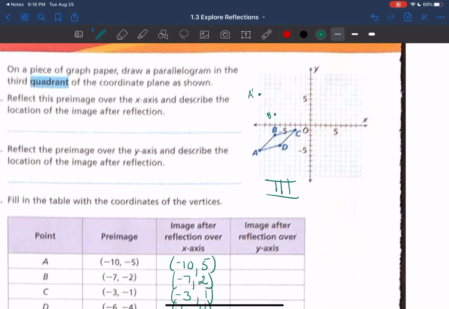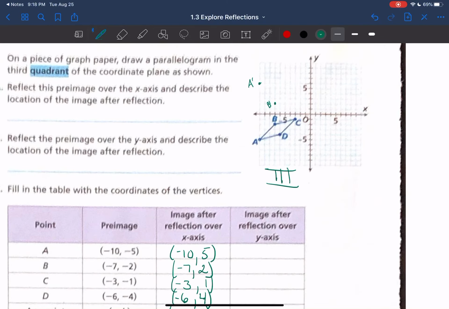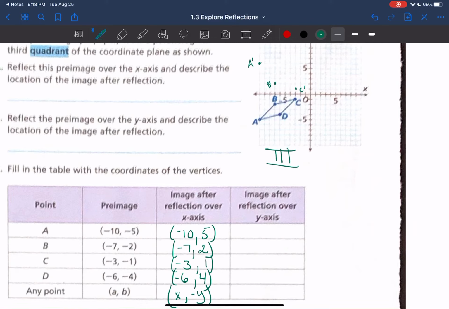C prime is going to be at -3, 1. D prime is at -6, 4, which is right here. So we can go ahead and draw that figure out.